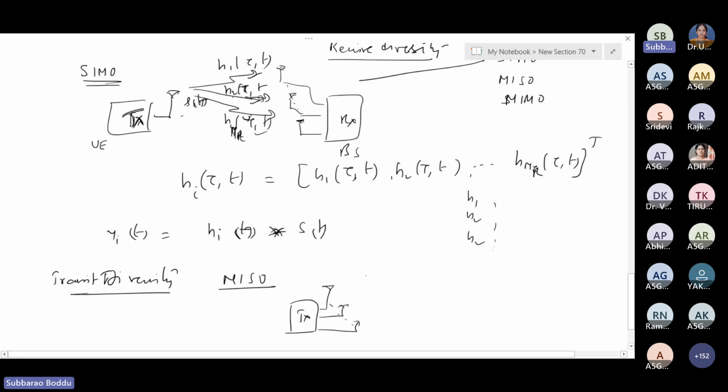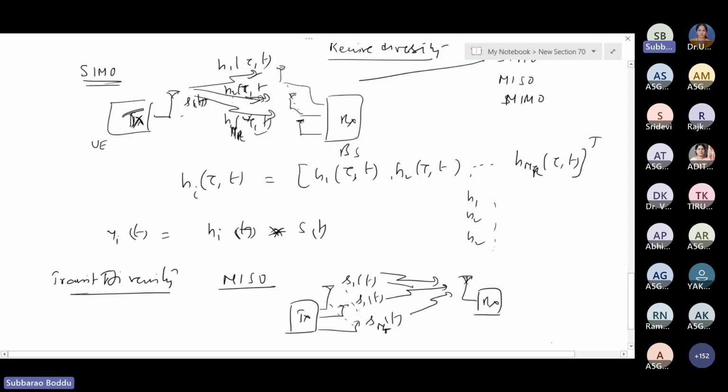Here we transmit different signals, up to sMT of t, where MT means the number of transmit antennas. But at the receiver side, we have only one receiving antenna. So note this down: diversity is achieved at the transmitter side.